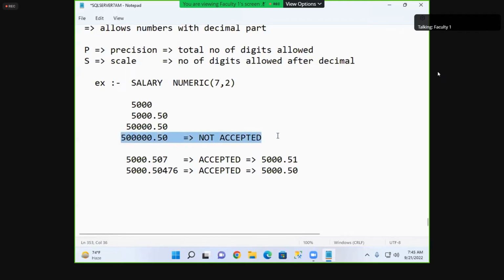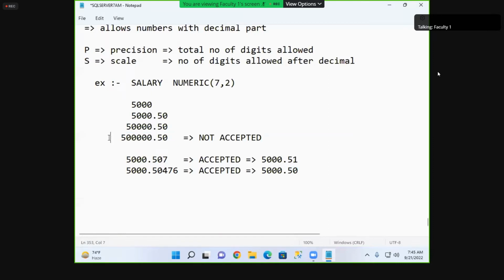Not allowed. If before decimal exceeds, number is not accepted. After decimal exceeds, number is rounded. Here what is exceeded, after decimal or before decimal? Before decimal. If before decimal exceeds, number is not accepted.